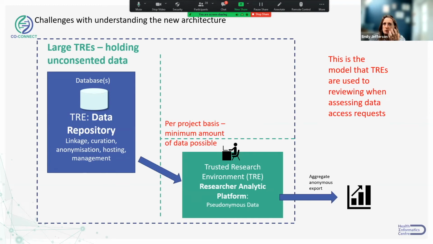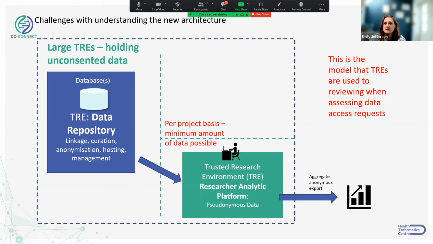This could be in Scotland, Wales, Northern Ireland, England, where you've got a data repository there on the left, and a minimum amount of data is extracted to answer a specific scientific question into a trusted research environment, otherwise known as a safe haven, for a researcher to analyze that data and then export only the aggregate level analysis. So that's the status quo, and that's the normal data governance applications that these groups get, and the normal type of projects that they support.